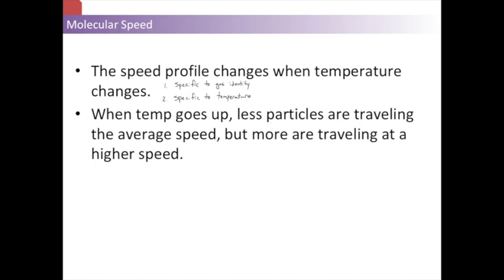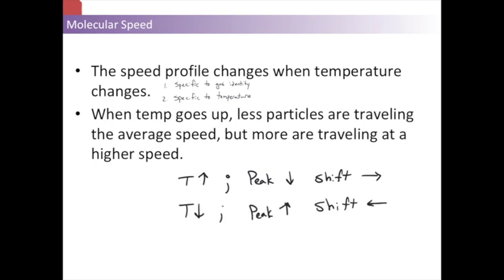And so the peak will get shorter, but there will be more traveling at higher speeds. And so the distribution of particles will shift slightly to the right. So in summary, when the temperature of a gas goes up, the peak gets shorter or more stout, but shifts slightly to the right. But when temperature goes down, the peak gets taller and shifts slightly to the left.